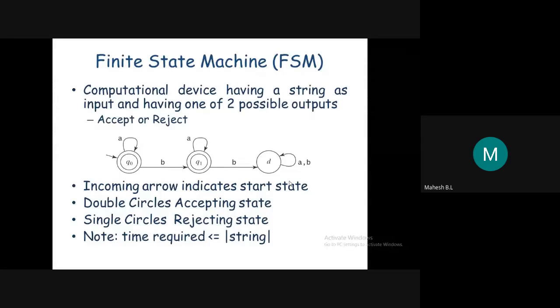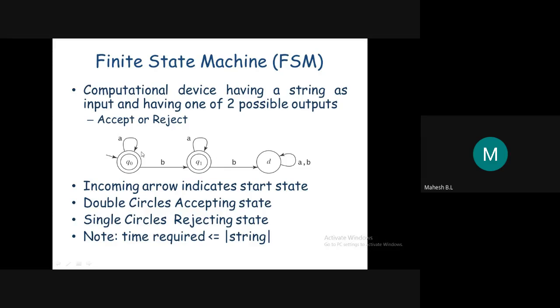Now you need to remember that a finite state machine is a computational device which accepts a string as input and gives two possible outputs. Output can be either accept or reject. Incoming arrow indicates that Q naught is the initial state.